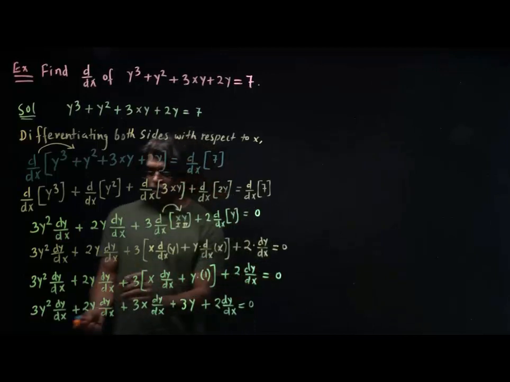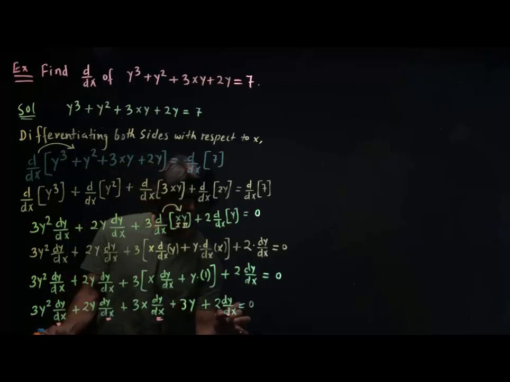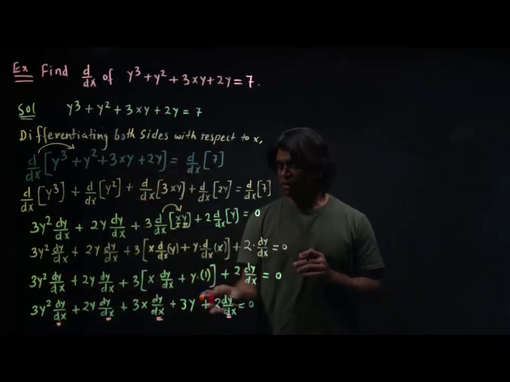Now, if you look closely, you can see I have dy over dx here, here, here, and here. So I can take dy over dx common.